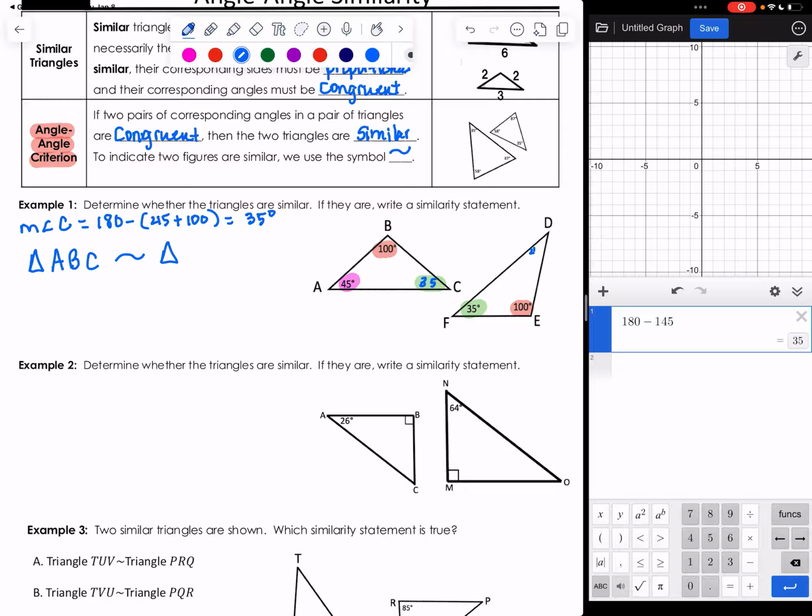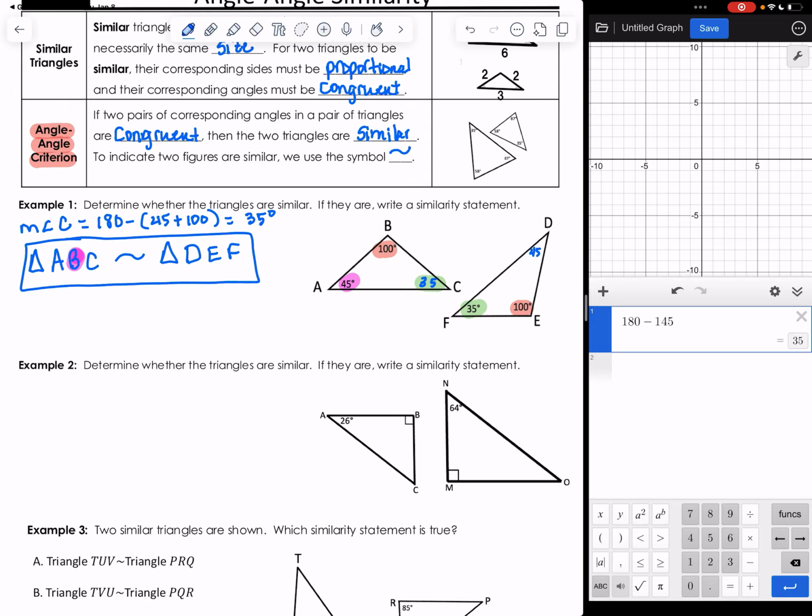Well, it had to be this angle, which is angle D. So I know the letter D must come first. Okay. Now, going back to our original triangle, our next letter is B. So which angle corresponds to angle B? Angle B was 100 degrees. So in my second triangle, it's angle E that's 100 degrees. So this would be triangle DEF. And this is our similarity statement.